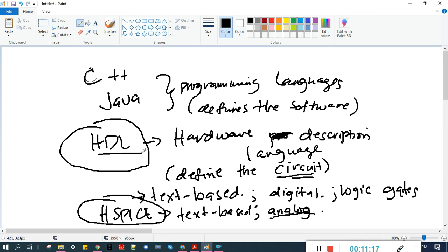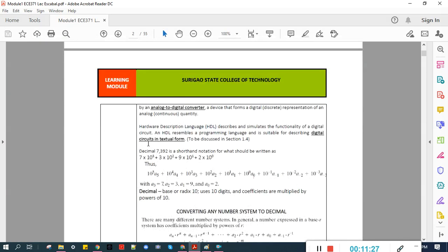HDL is for designing circuits in digital form. An HDL resembles a programming language and is suitable for describing digital circuits in textual form. We will discuss this later more in section 1.4.